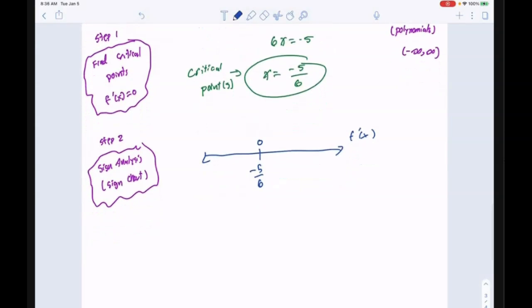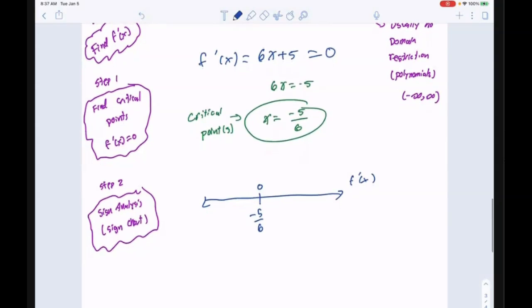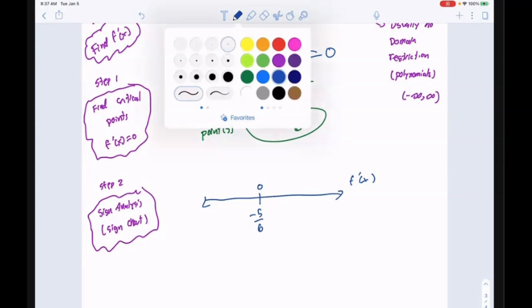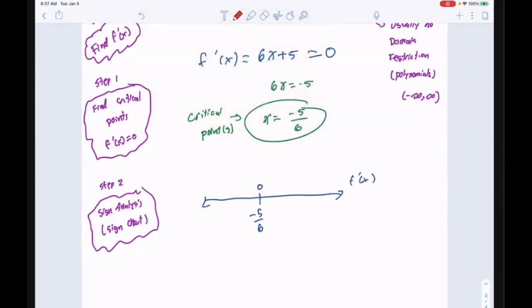Now we need to find what the sign is. There are a couple of ways we can do this, and as I taught you before, you can do the same method. The plug-in method is one of them. Basically, here is my derivative function, and if I were to graph 6x plus 5, it would look like this.